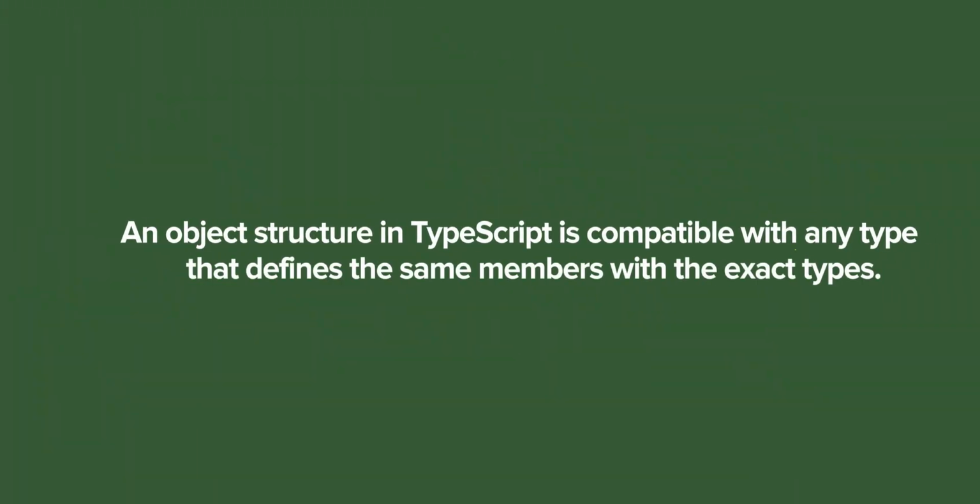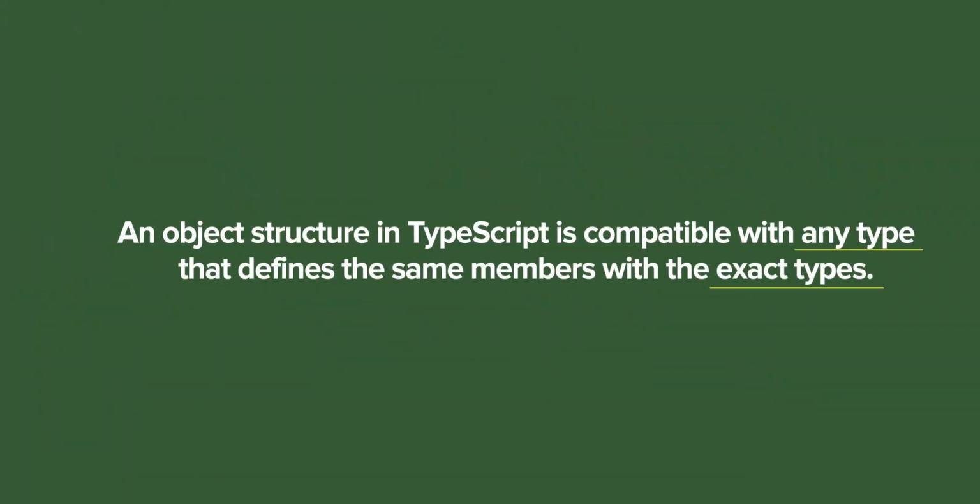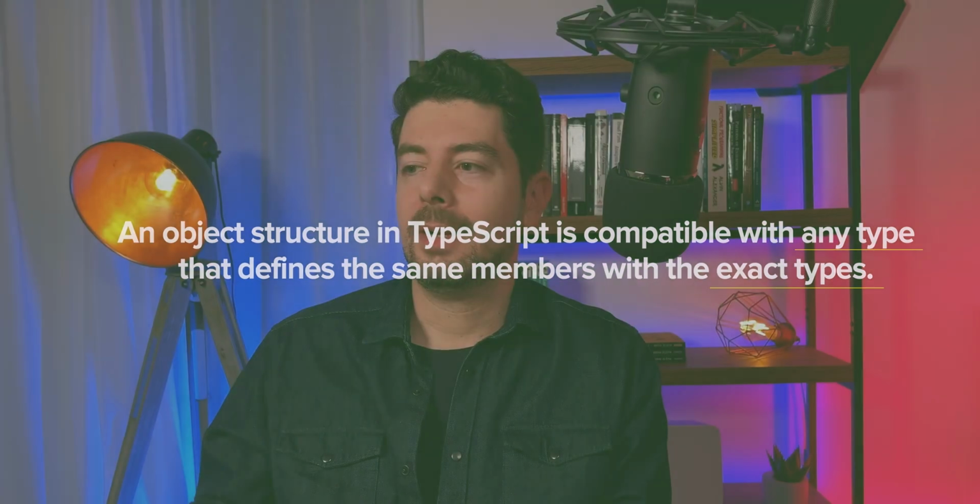To summarize this, if we have an object structure in TypeScript, then the type of the object structure will be compatible if the two types have the same members with the exact types. Well, this is a very theoretical thing. We need to observe this behavior in practice and then you will understand it better.